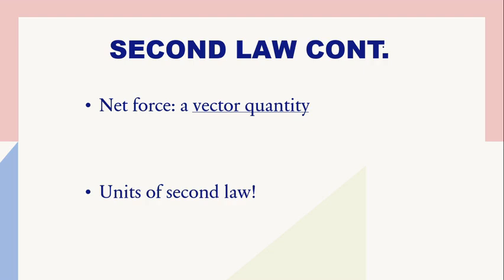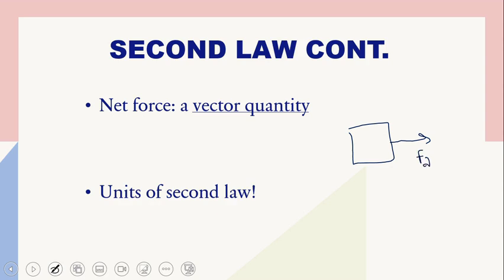Before we move on, there are a few more key ideas with regards to the second law. The first is the direction of net force. All forces are vector quantities. They have a direction, which is just the direction that the force is exerted. So for example, if we have a box here, and it's being pushed, this applied force is positive, or it's acting to the right. If we have a tension force that's pulling this box, this tension force is going to be negative, or it points to the left.